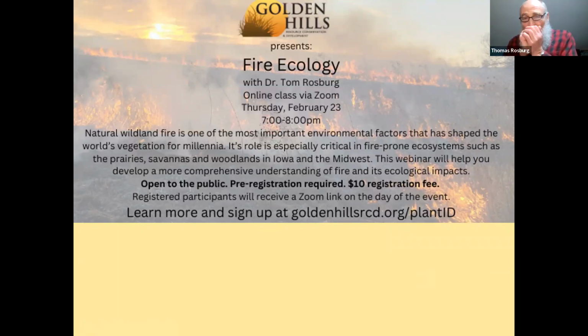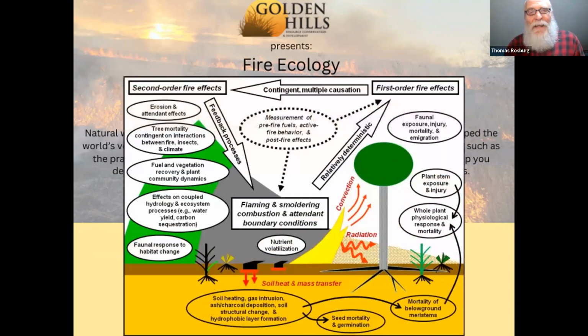We're ready to go. All right, so I put this diagram on more or less just to convey the idea that fire is complex. This is supposed to be kind of like a visual model of what all can happen.